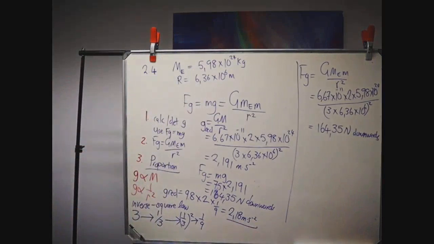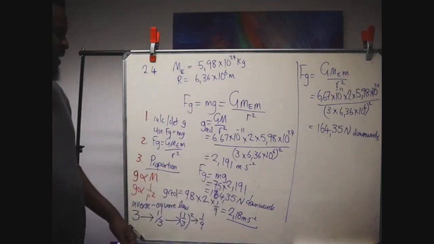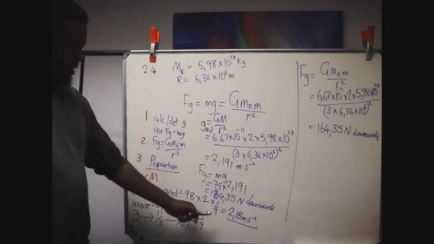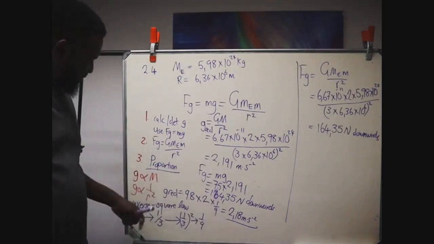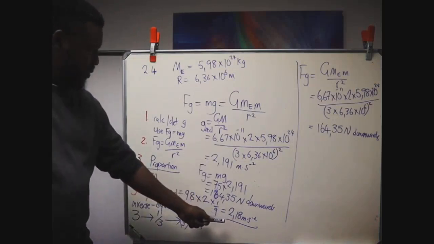That's a difference to 2.19 here. Maybe if I had used 9.81, but not really, because the 9.8 is the rounded off value. So these two values are very much comparable, and I think this will be an acceptable scientific method to get what the g would be, the 2.18.